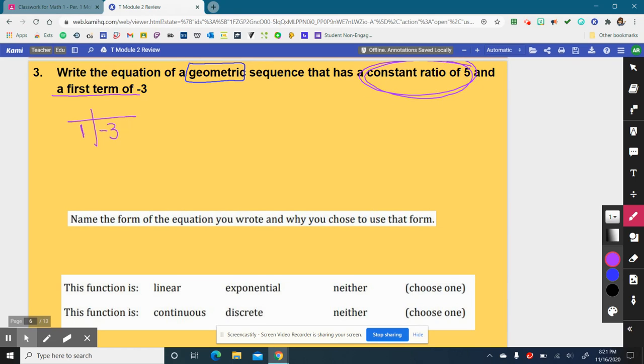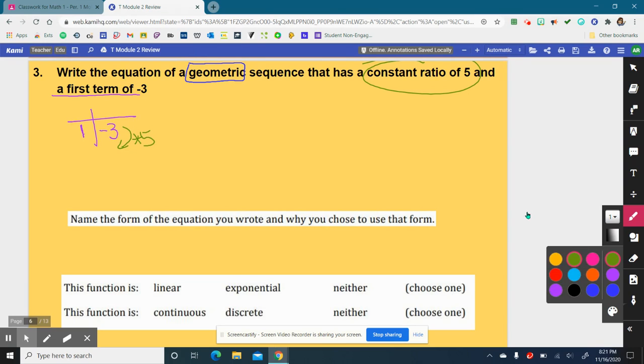It's a constant ratio of 5. So that means we are going to be multiplying by 5 down our table, right? So if we're multiplying by something and it's not a decimal, if you know off the top of your dome, which is good to know, we're going to be using this equation, f of n is equal to a times b to the n, right?